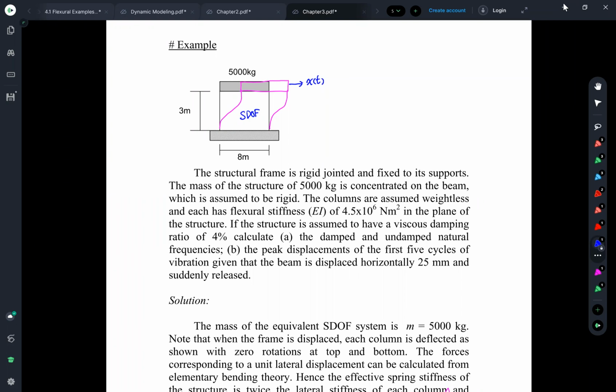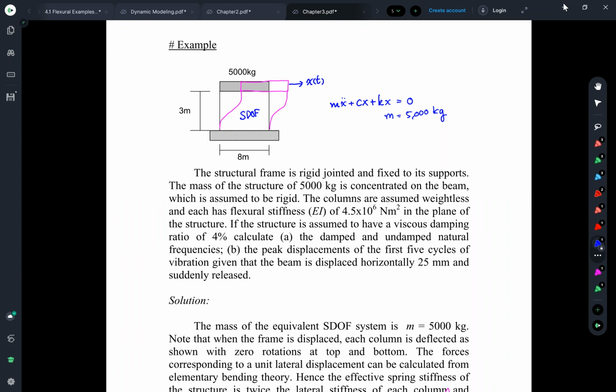With this, the equation of motion, for sure, if you don't have any external force, you can have something like this, right? Oh, I'm sorry, kx equal to 0. Okay? And the parameter m is 5,000 kilograms.